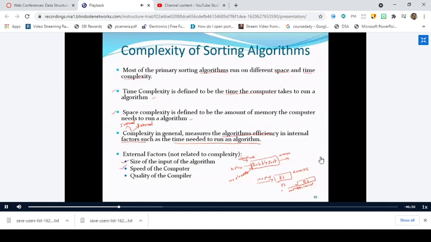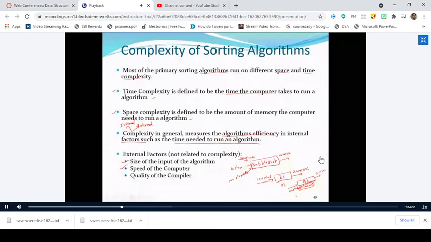So what happens to the total time taken by this algorithm on the octa-core system? Does it increase or decrease? Decrease, sir. So it will definitely decrease, to 5 milliseconds. So the speed of the processor or the speed of the computer also affects the efficiency of the algorithm, right?